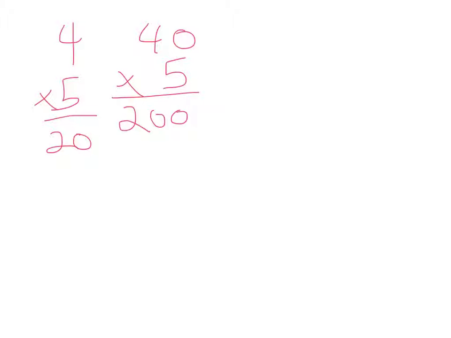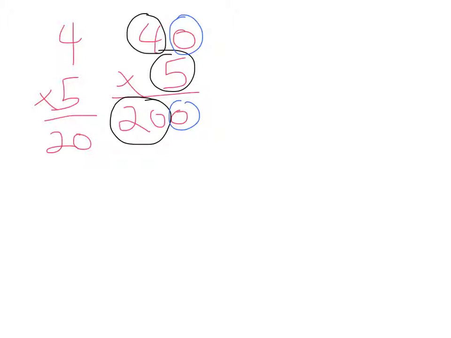Hopefully what you're seeing is that the 4 times the 5 gives you the 20, and then that final 0 comes from the 0 in the 40. Let's take a look at one more problem: 400 times 50.